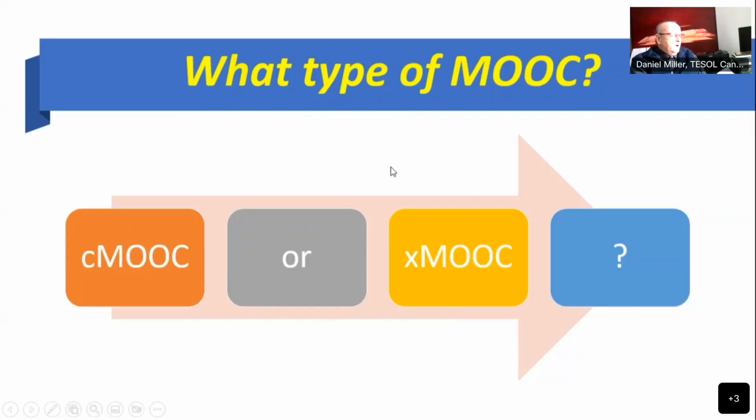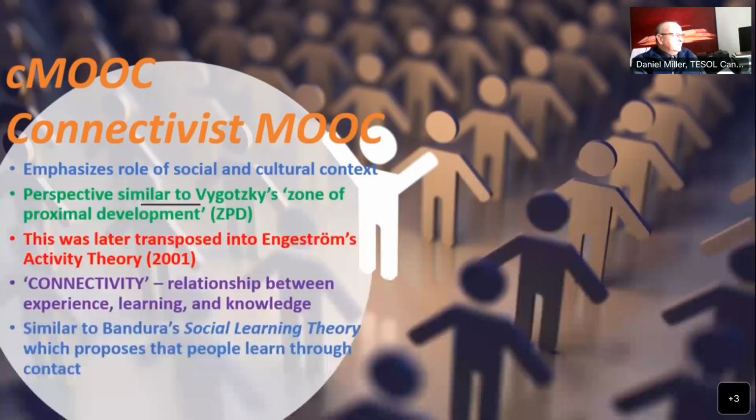When you're talking about a MOOC, you have to decide what type of MOOC it is. Is it a C MOOC or an X MOOC or something else? The C MOOC emphasizes the role of social and cultural context. It's the connectivist MOOC.